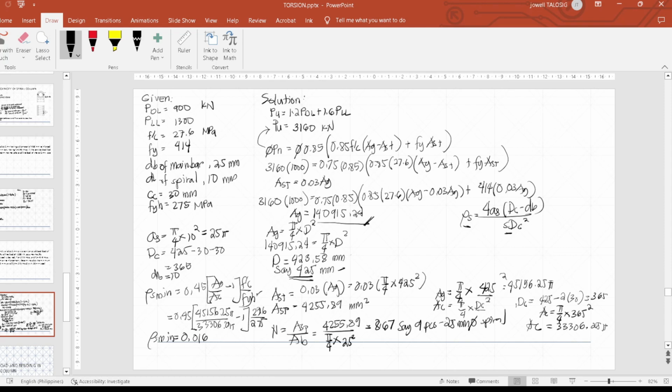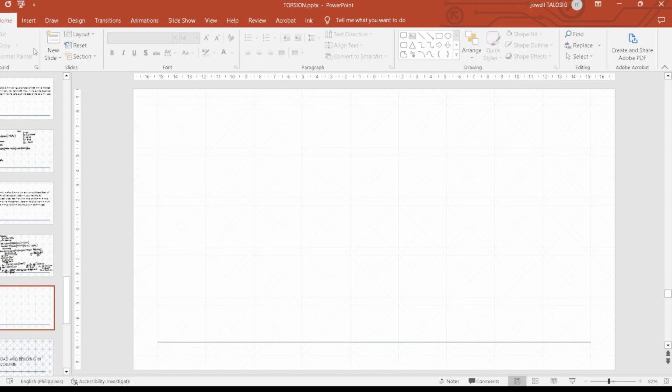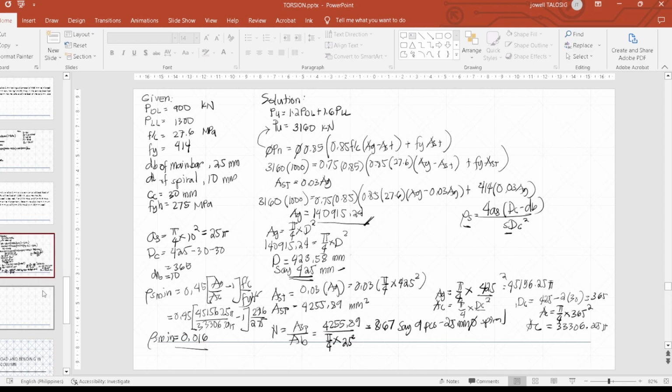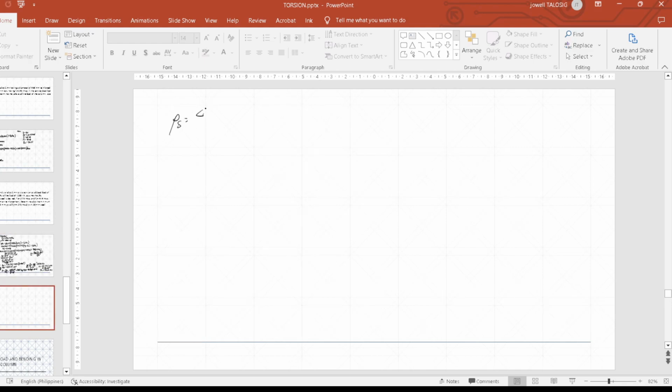Okay, so for the rho S, the rho S is equal to 4AS times quantity DC minus DB all over S DC square. Okay, lagay natin value. Rho S, 0.016.